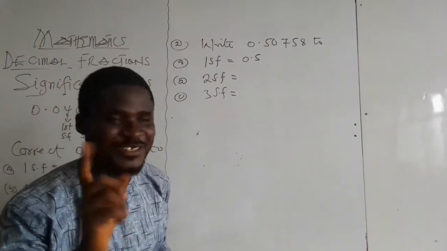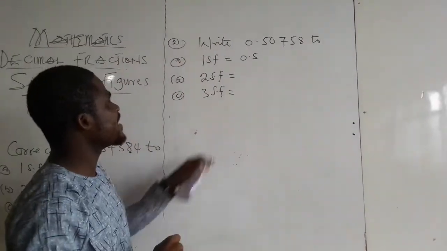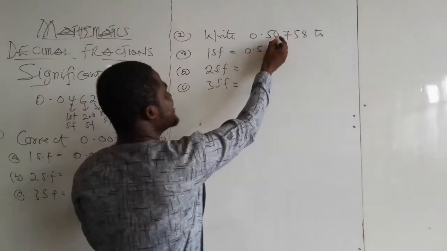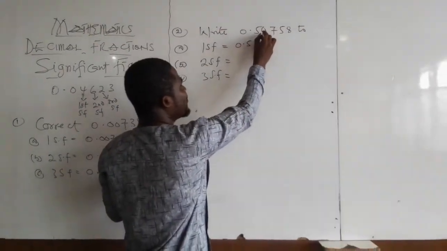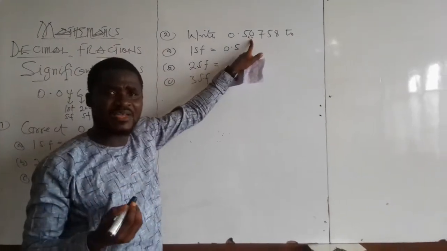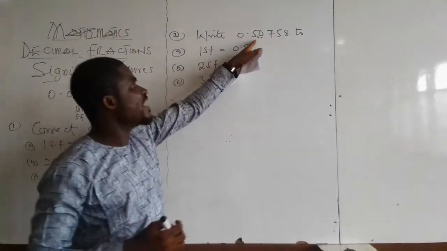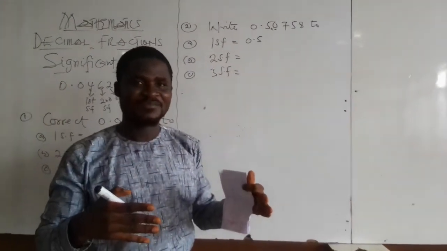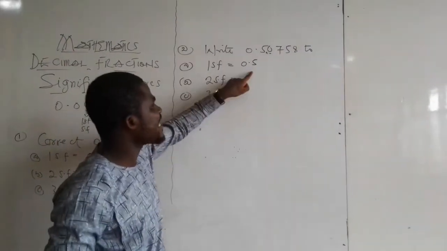Okay, getting it? Good. Let's go to the second SF. My second SF is the 0. Why am I classifying this 0 as a significant figure? Because it came in between real numbers. That's why I'm classifying it as what?